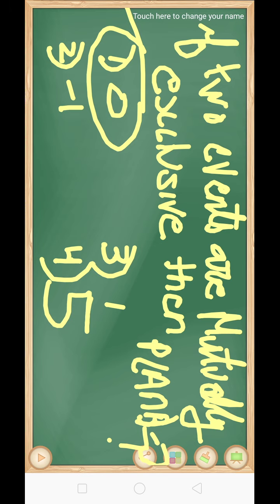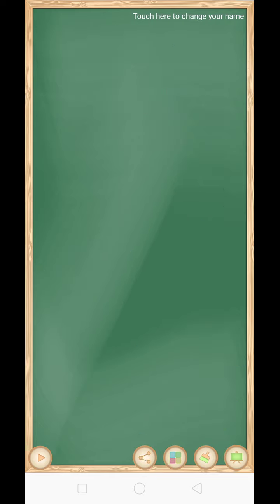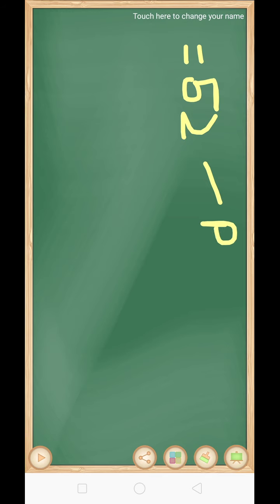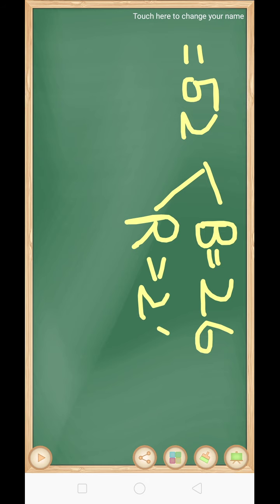Next on probability we have certain questions on cards. As we know, there are 52 cards: black 26 and red 26, and they are divided into 4 categories. One is clubs, one is spade, the third is ace, and the fourth is like black diamond, black heart.